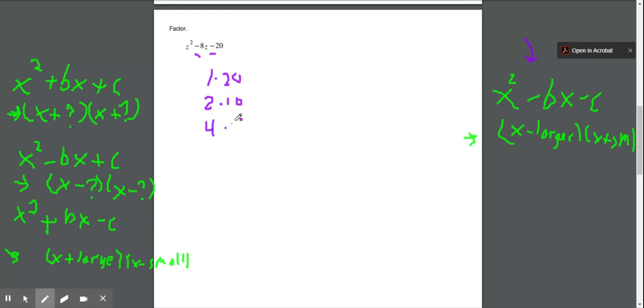Now because one is positive and one's negative, we want them to subtract to make 8, and the larger number will be negative. So 10 minus 2 makes 8. We'll take this one here. And this will factor as, because it's z squared, we'll use z. Z minus 10 times z plus 2.